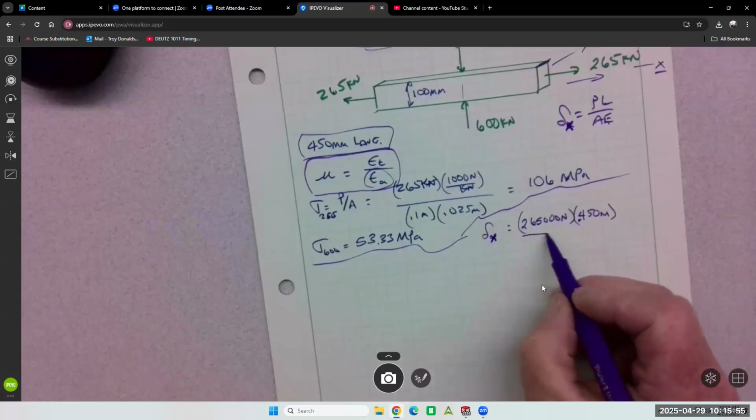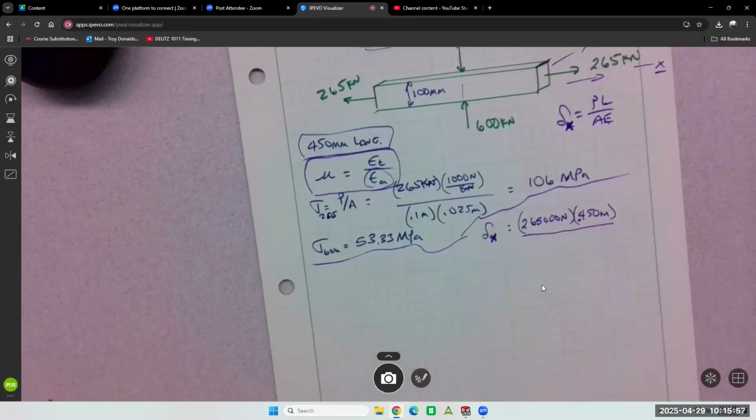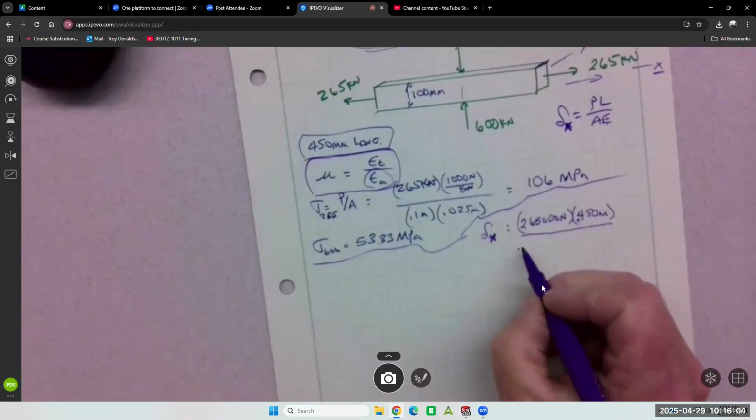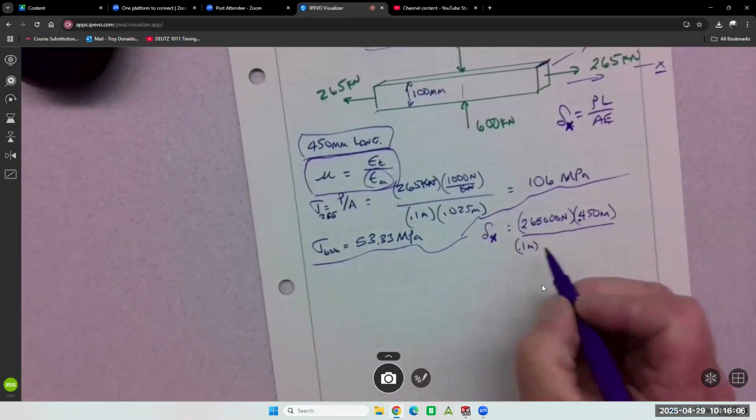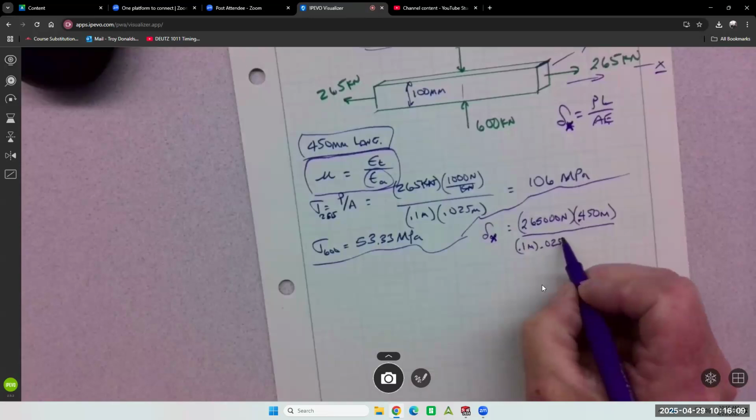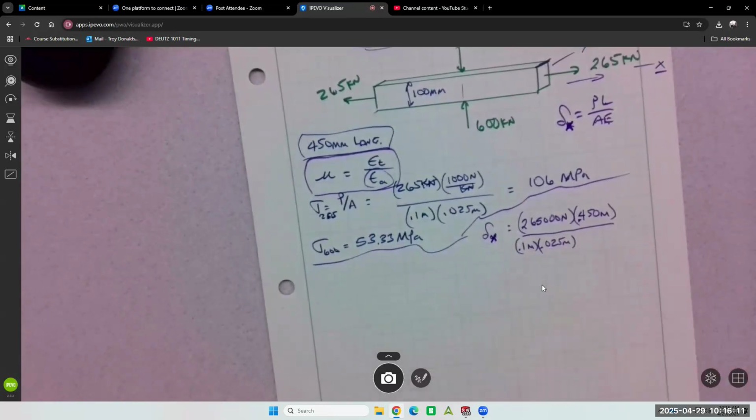And this is over area. What's my area? 0.1 by 0.025. And then E for this material. Did they call it something? Hopefully they called it 207 or 803.